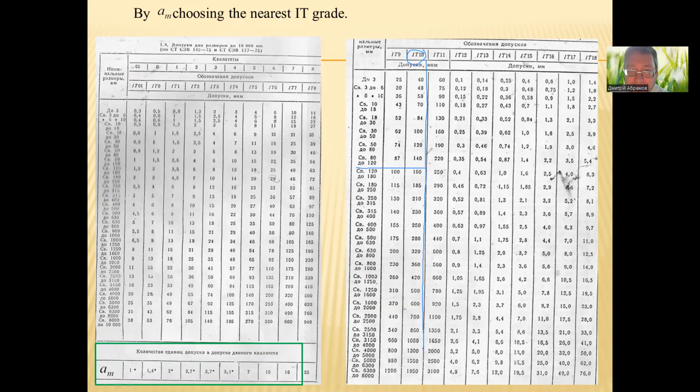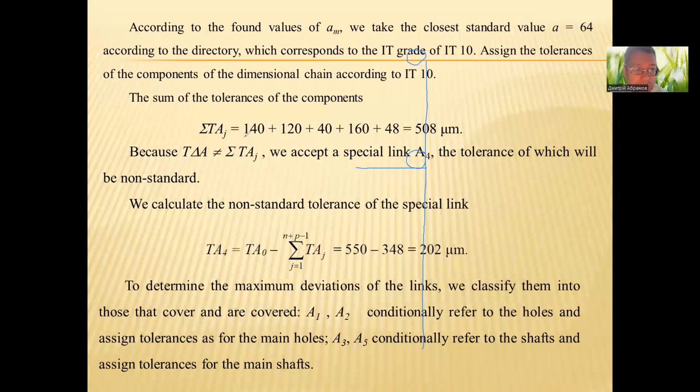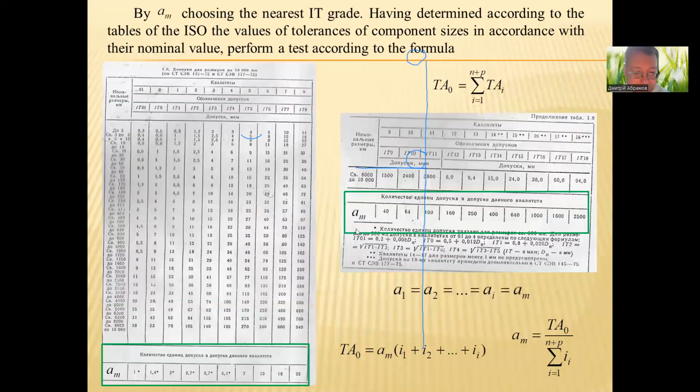For 96 millimeters, the tolerance field will be equal to 140 micrometers. You can see 140 micrometers.